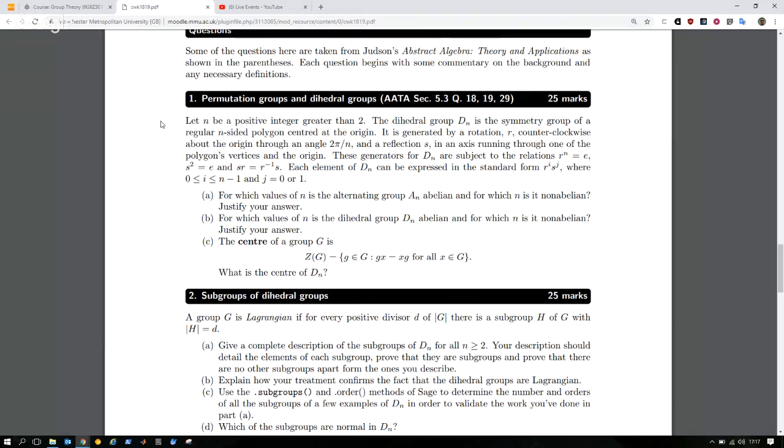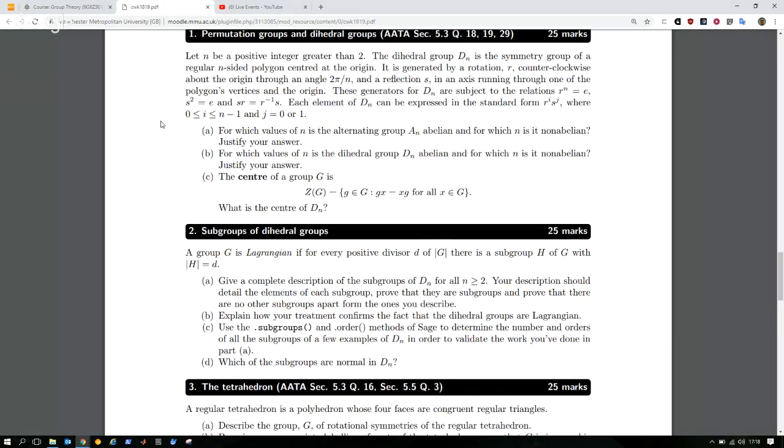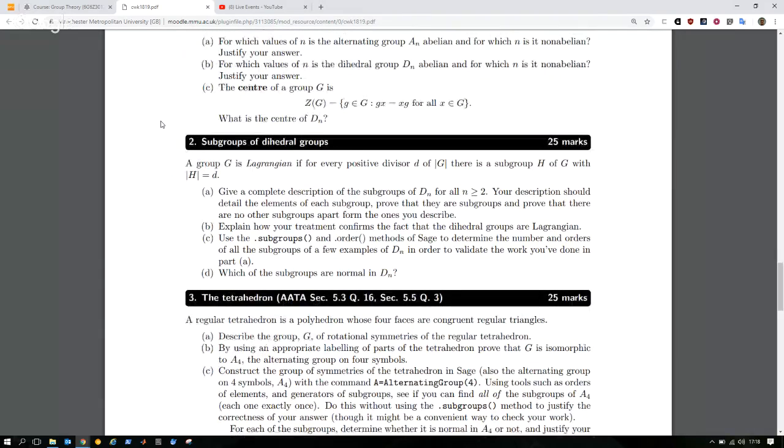So sometimes people speak of the dihedral group D2 because they're talking about it as generated by two elements, R and S. R squared is the identity, S squared is the identity, and they commute like this. Okay, but don't worry too much about that. If you begin at n equals 3 for all the n, I think that'd be fine as well.